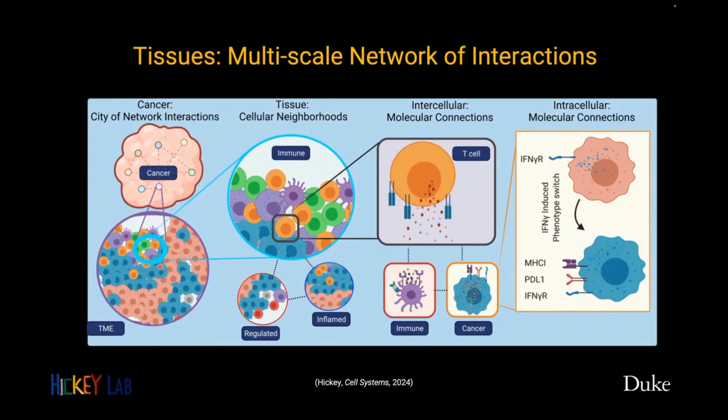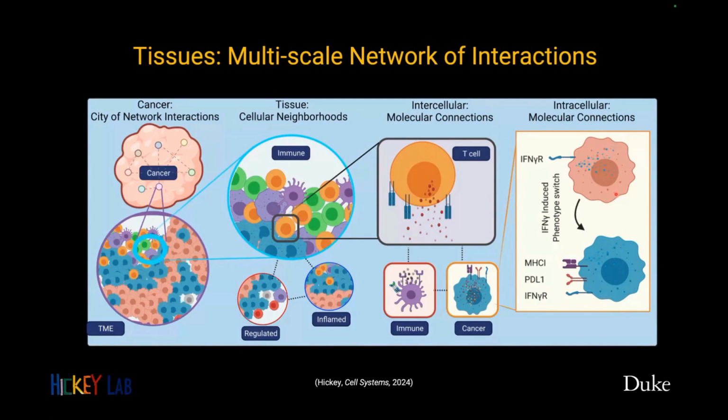And then within these tissue units, you have distinct cellular neighborhoods, which are distinct compositions of cells, also spatially co-organized. And within these cellular neighborhoods, you have individual cells that are secreting proteins and ligands and interacting at a cell-to-cell level. And then within each individual cell, you have networks of molecular interactions.